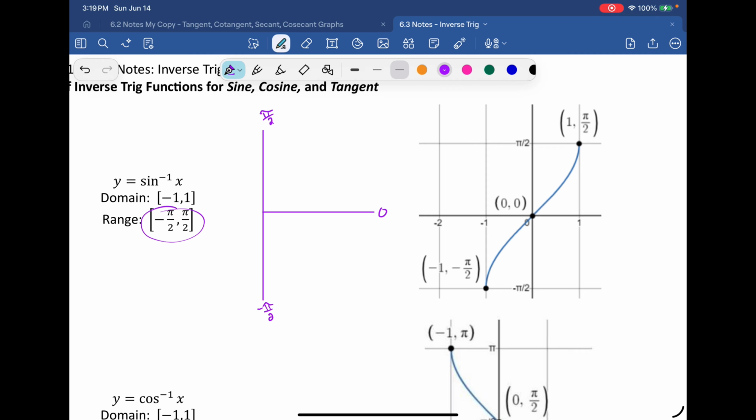We have positive pi over 4 and negative pi over 4.